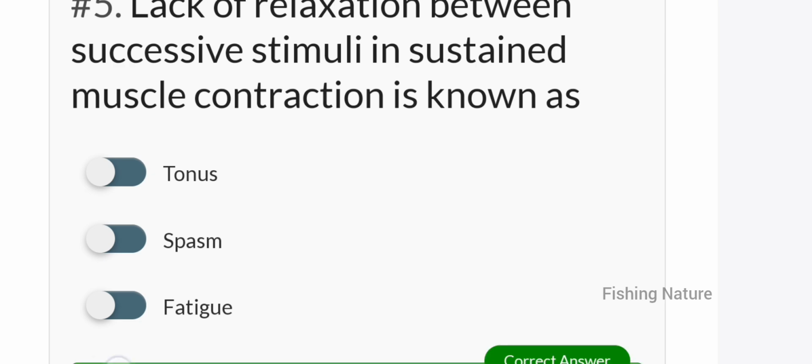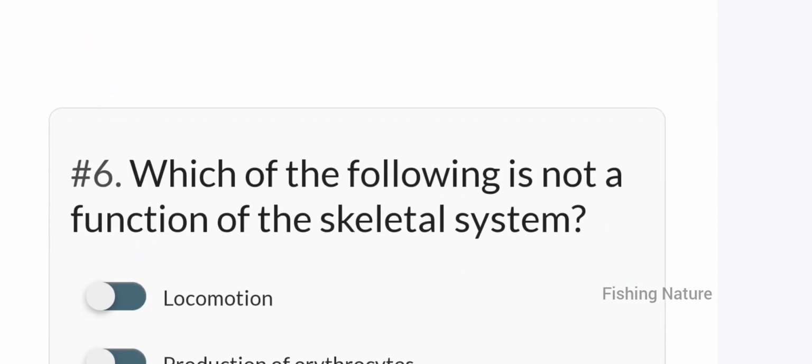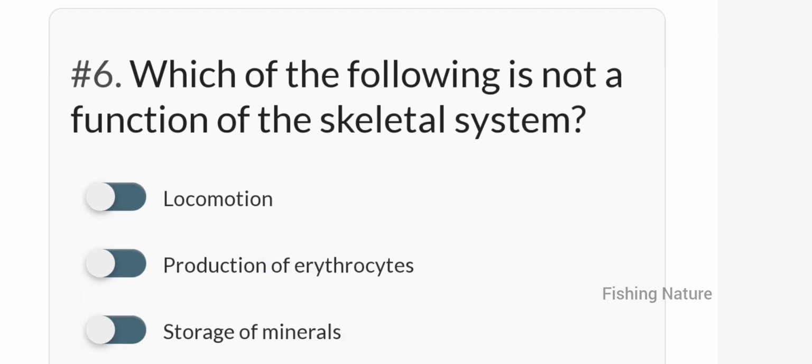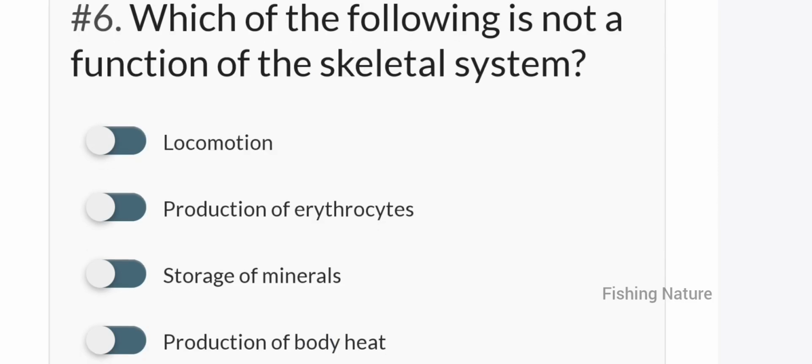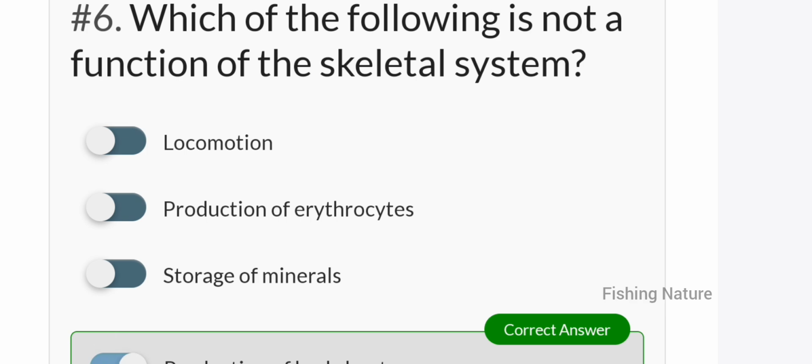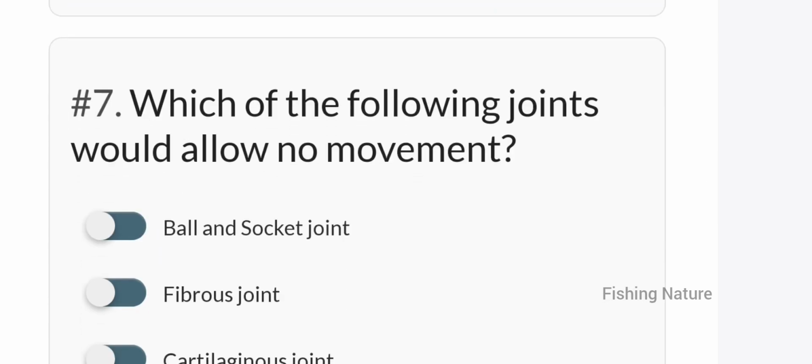It is tetanus. Which of the following is not a function of the skeletal system? Locomotion, production of erythrocytes, storage of minerals, or production of body heat? Which is the correct one? Production of body heat. Which of the following joints would allow no movement?